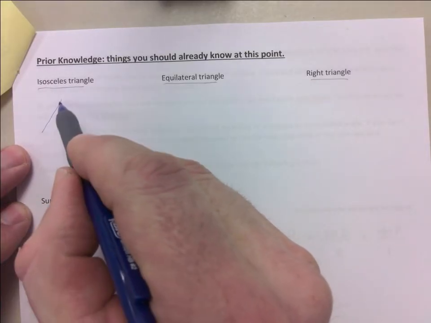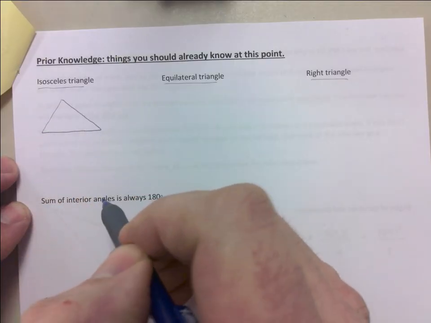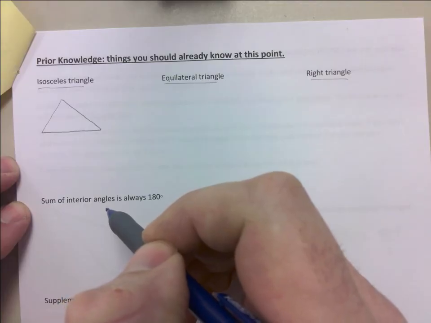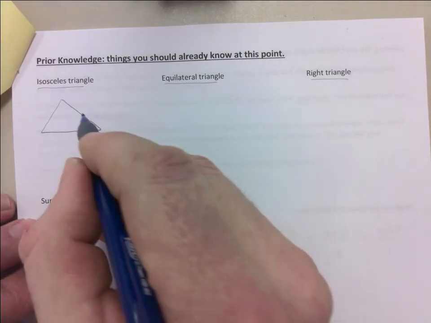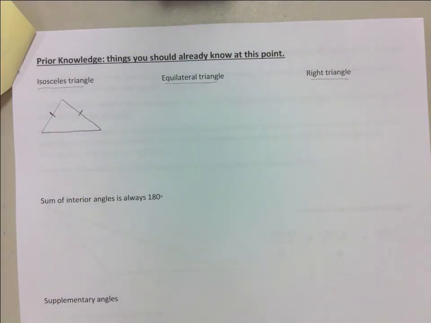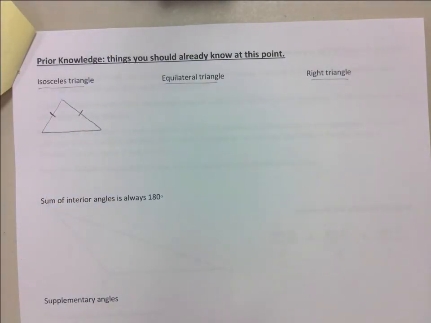Isosceles triangles. Anybody remember what's so special about isosceles? Crickets? No, crickets have nothing to do with isosceles triangles. It just tells you that 2 sides are going to be equal and 2 angles are going to be equal. But not any 2 angles.